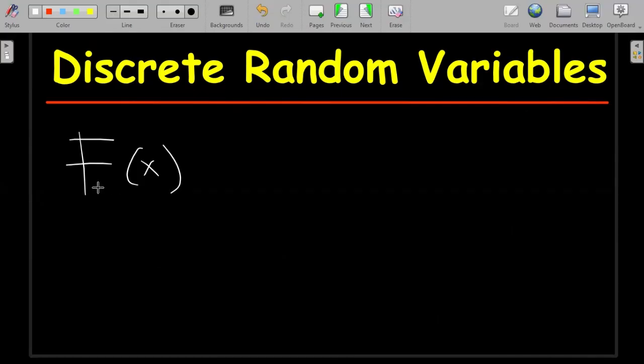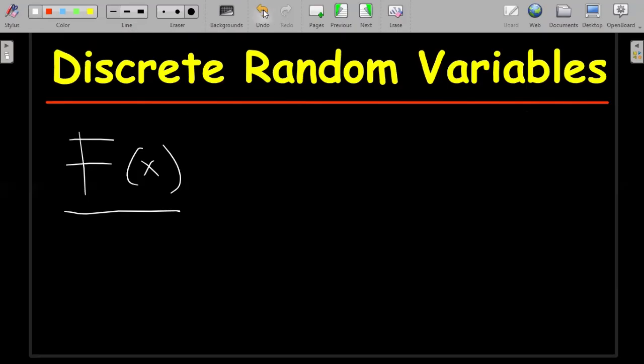This is called the cumulative distribution function, a function that describes the probability that a random variable will take on a value less than or equal to a given value.